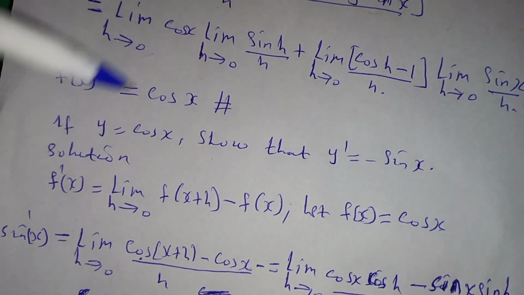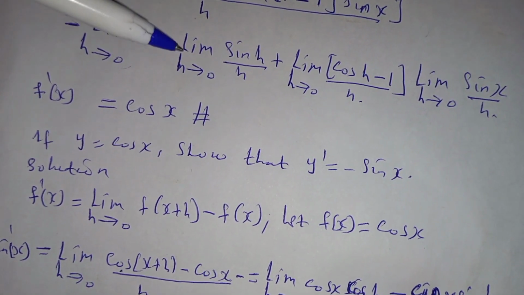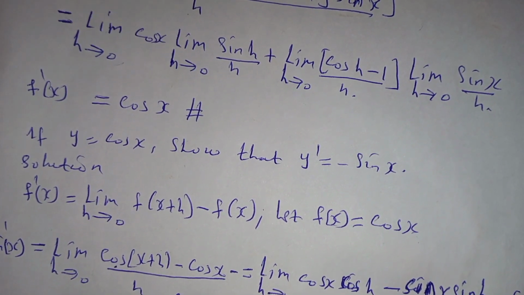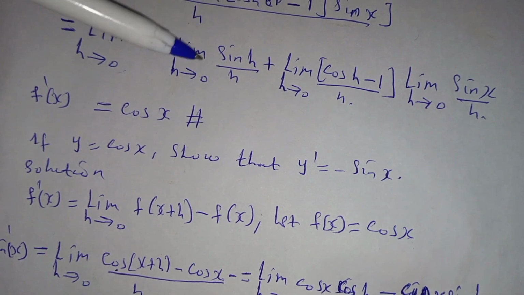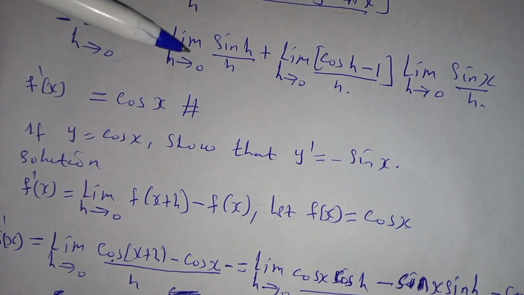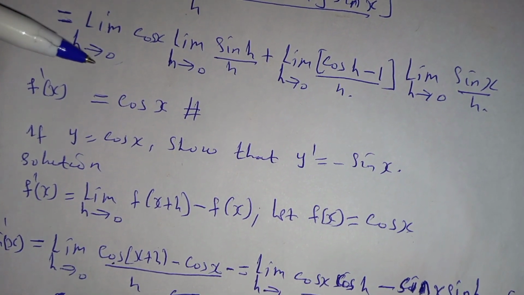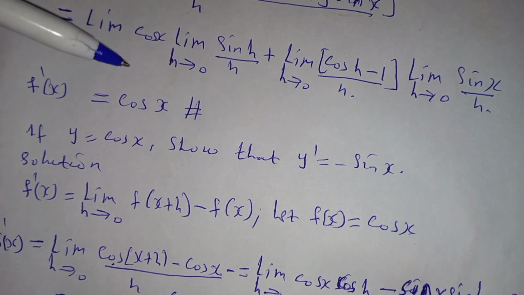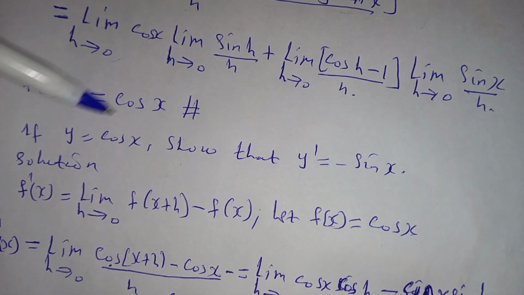Now, the limit as h tends to 0 of sin h over h will give us 1, and the limit as h tends to 0 of cos x is just cos x. So cos x times 1 is equal to cos x.